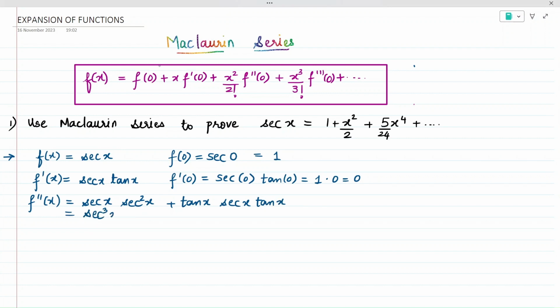So you'll have sec cube x plus sec x tan square x. Again f double dash of 0 calculate करेंगे. So that will be 1 का cube plus 1 into 0 का square. So the answer is again going to be 1. I hope things are clear so far. Now f triple dash.